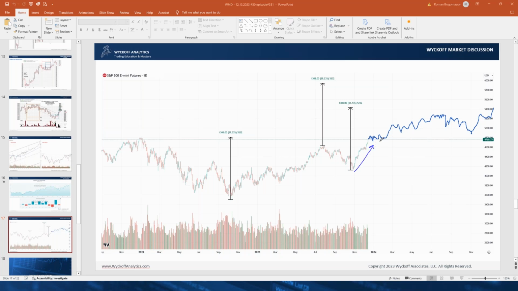So after the first swing up, test, then continuation, and we continue with the upward momentum, but not of the same quality. Now we're diminishing the thrust, right? So momentum is diminishing because there was a lot of buying here and here at the bottom. So with that, we need to experience some diminishing momentum into the November election time.